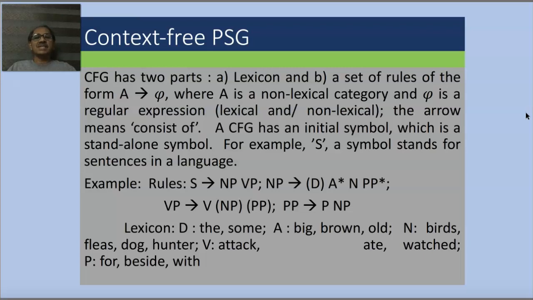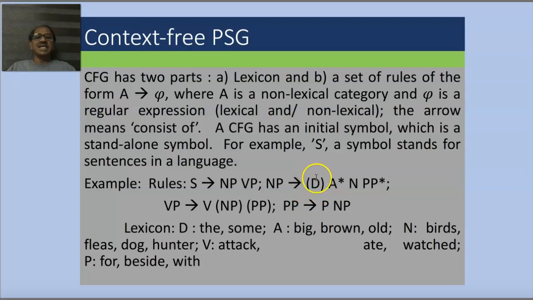Let's look at some examples of context-free phrase structure grammar rules. S consists of NP, VP here, and NP consists of D, A, N, PP. What do we see here? D is a lexical item. We are keeping it in brackets. Brackets show optionality.